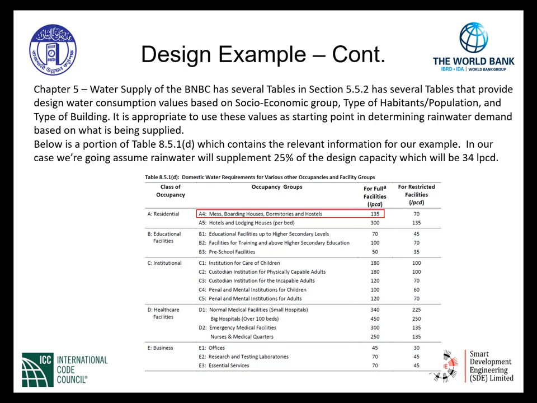The occupancy group A4, and there is our dormitory in that line item. For full facilities, it's 135, and we will take 25% of that capacity as being 34.